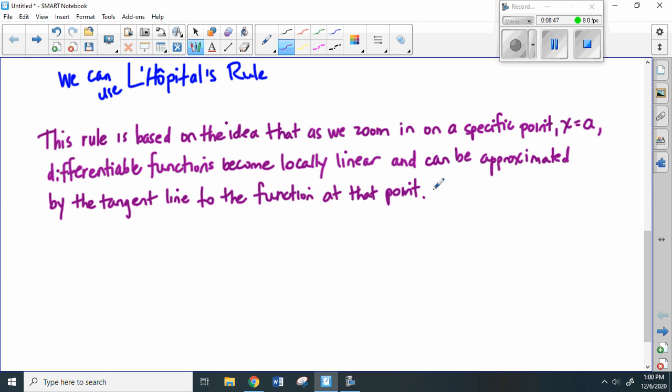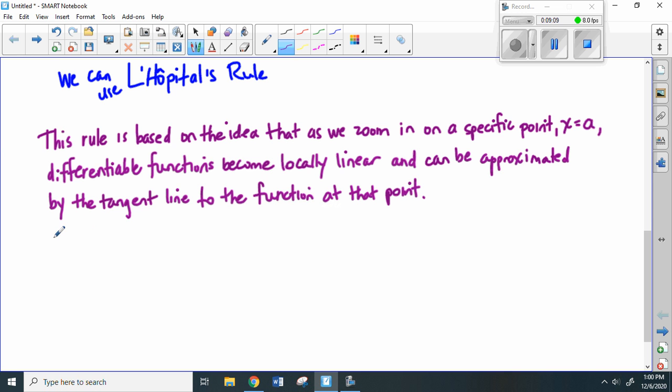If you take a graph and zoom in over and over on the same point, it starts to look like a line, so we can approximate that function by the tangent line at that point. What does that have to do with calculus?